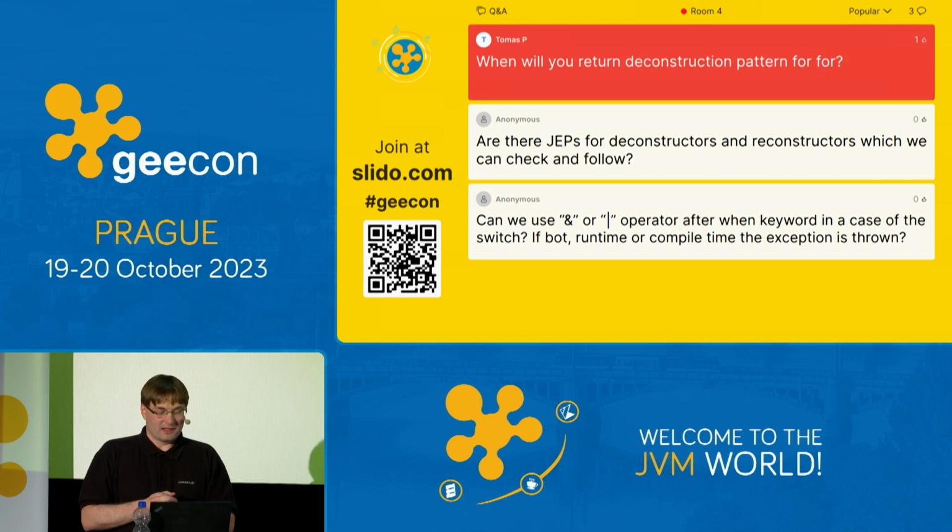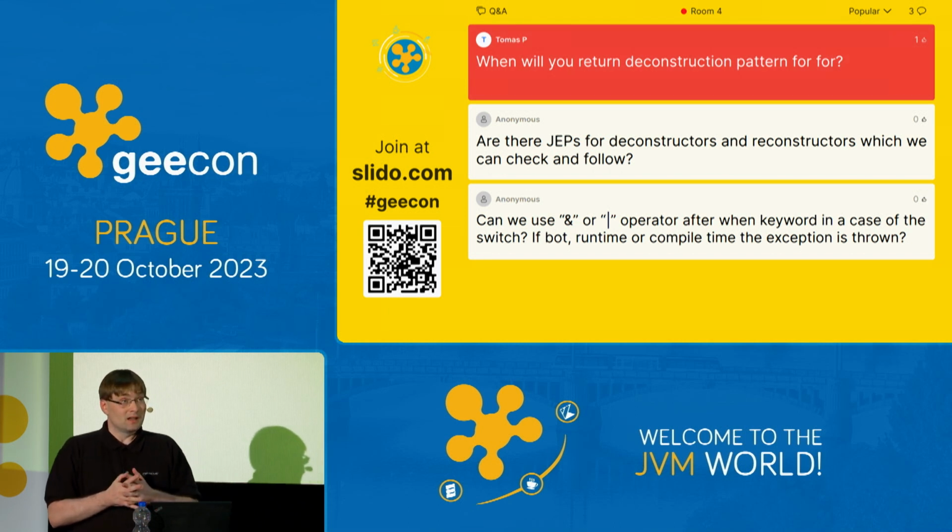When will you return the deconstruction pattern for the for loop? There was a feature that you could use in for each a deconstruction pattern, and it would deconstruct all of the values through which we were iterating in the for each. This was removed.